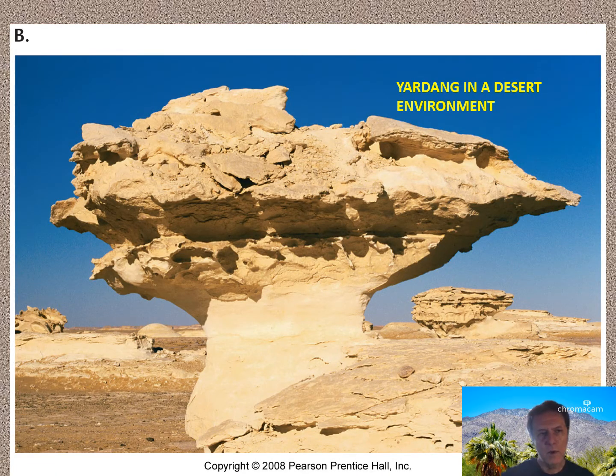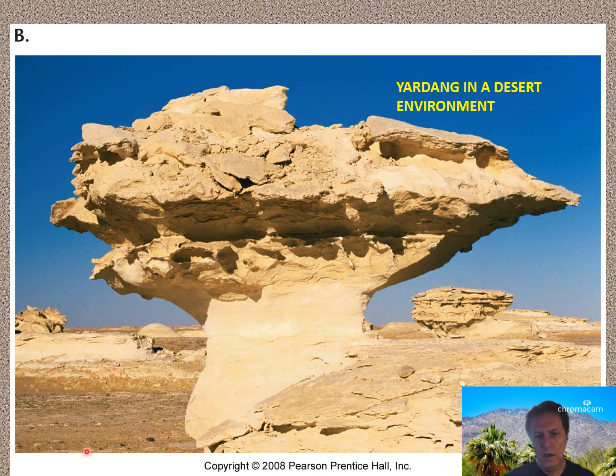In a desert environment, you also get erosion. Now, there's not as much water typically in a desert environment as there is in a tropical environment, but there is some. But there's also a lot of wind. Wind can shape rocks, can cut rocks, can sandblast rocks. So this rock formation is called a yardang.